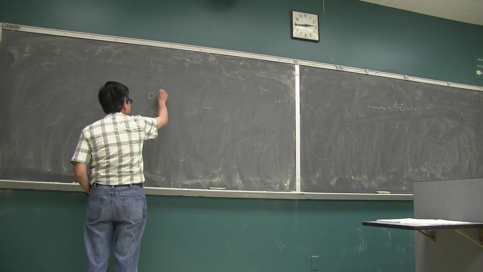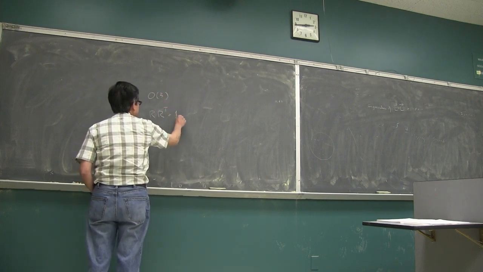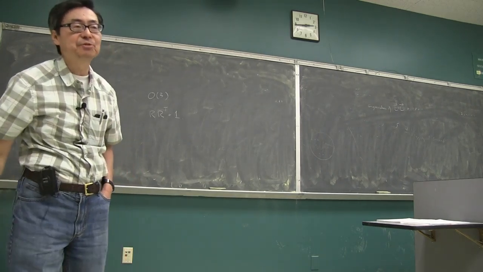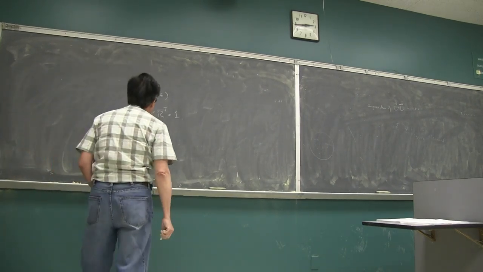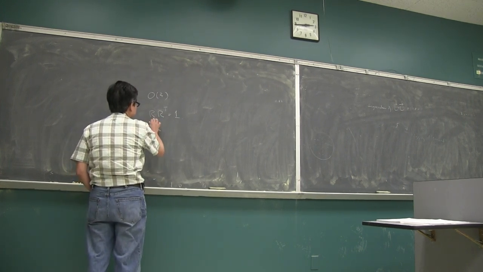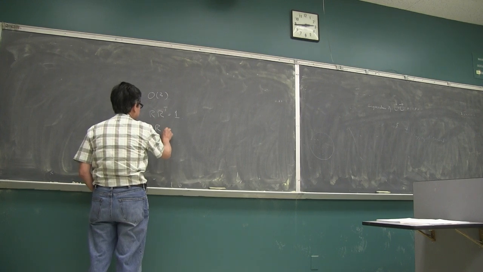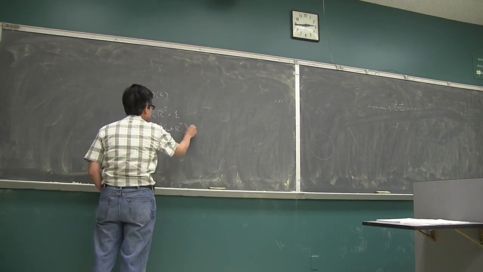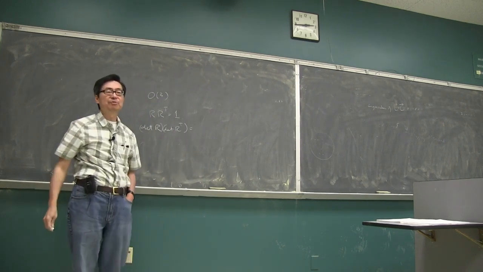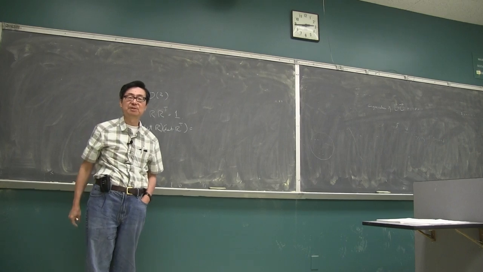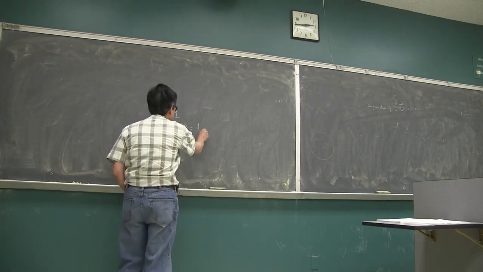O3, orthogonal, okay? An orthogonal matrix means that the matrix times its transpose must be equal to the identity matrix, okay? So then you work out the determinant, both sides. The determinant of a product is equal to the product of determinants, so your determinant R times determinant R transpose must be equal to the determinant of the identity matrix, but the determinant of identity matrix must be equal to 1. Just multiply a string of 1s together, okay? The number 1.